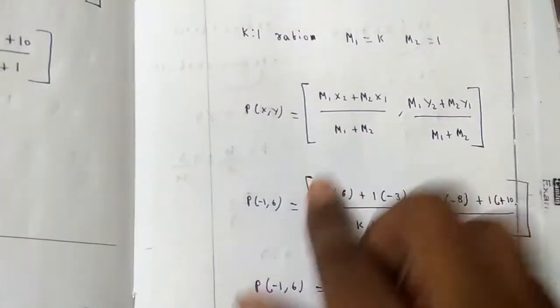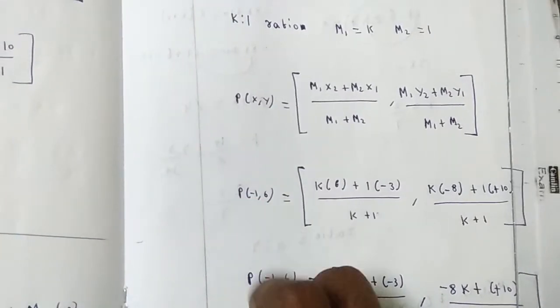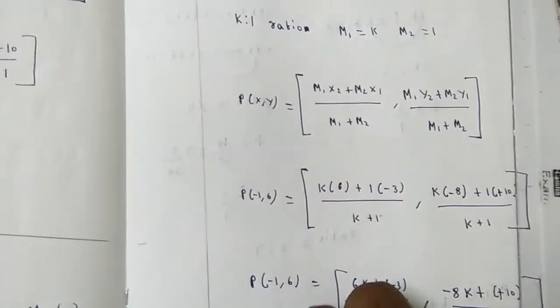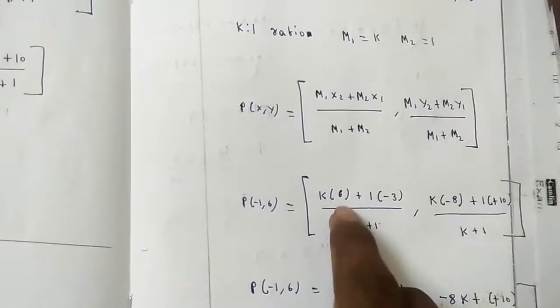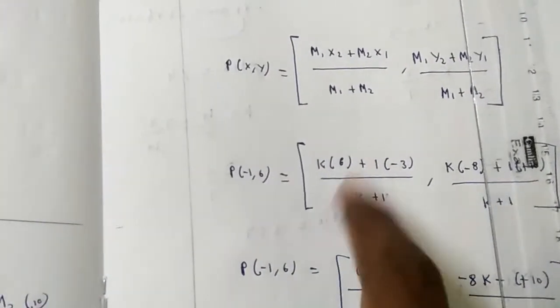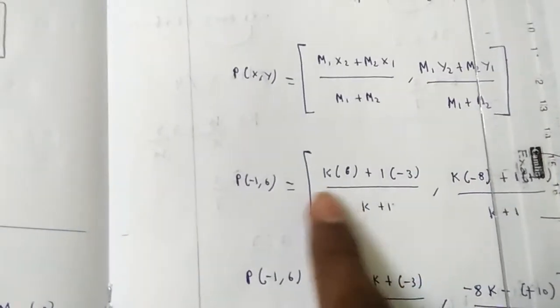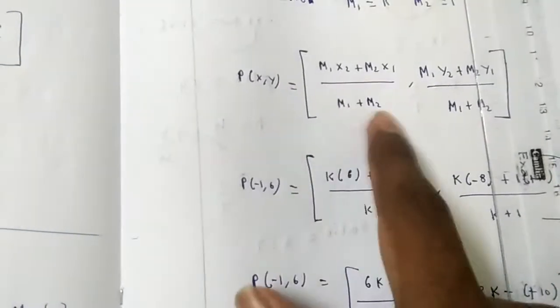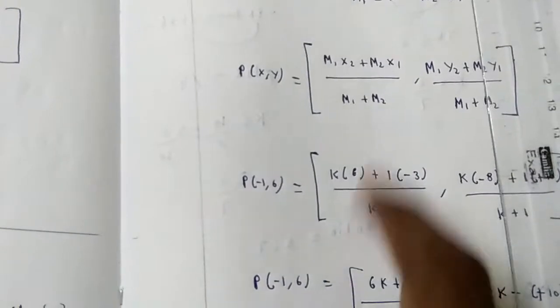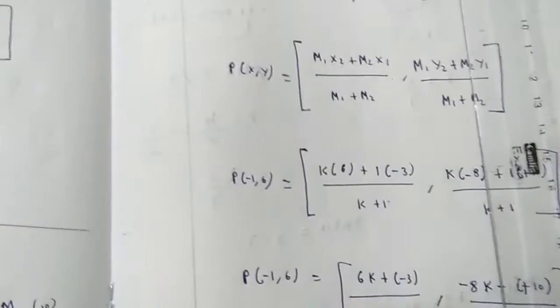Here substitute the values. P(-1, 6) is equal to k into 6, where k is m1 and 6 is x2, and 1 is m2, and -3 is x1, by m1 plus m2, which is k plus 1.